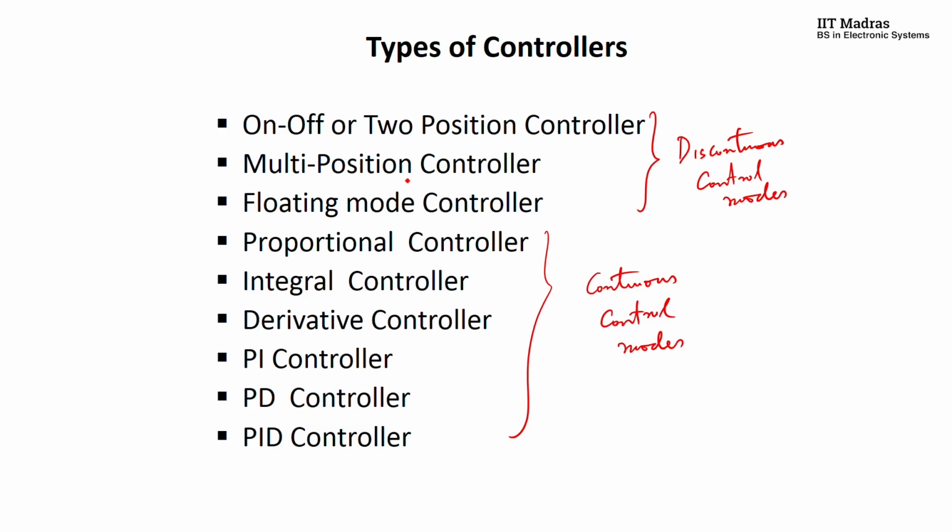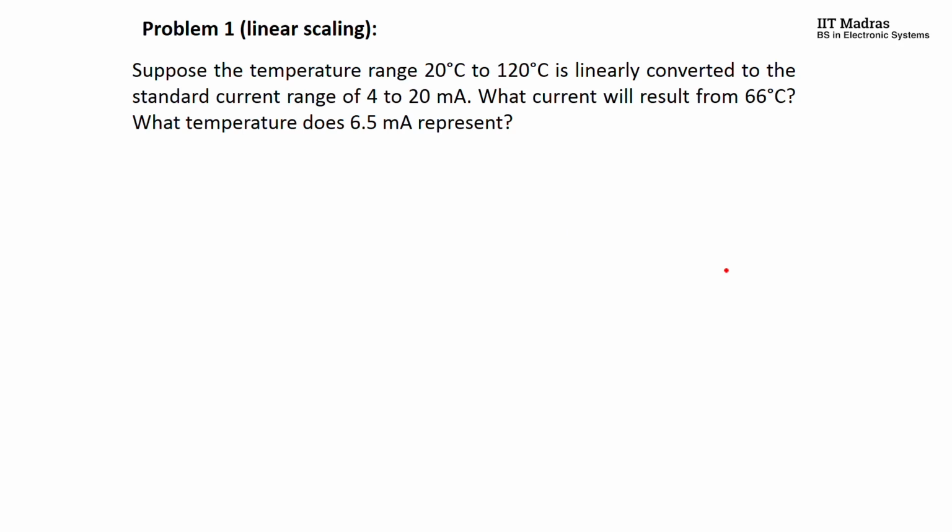Before getting to the next module, we will solve some numerical examples to understand the closed loop part we tried to discuss in the level control example. So let's start with an example so that you understand what this 4 to 20 milliamps is and so on.